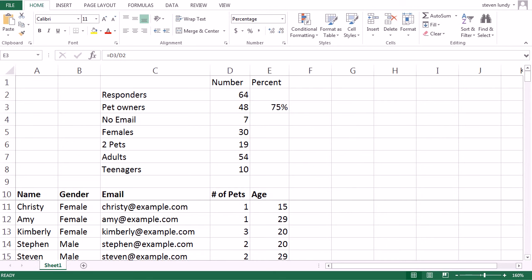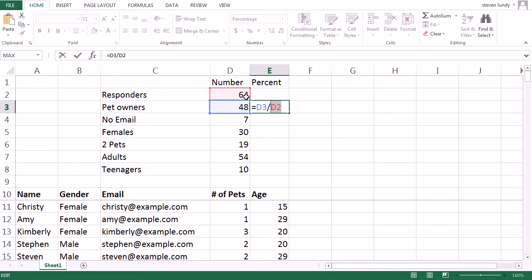You might remember from a previous video that when we use cell references, like D2, these are relative to the cell. So D2 is actually one cell left and one cell up from the current cell. This means if I was to try and drag this formula down, the next cell wouldn't be accurate because instead of using the denominator of D2, it's using the value that is one cell over and one cell up.